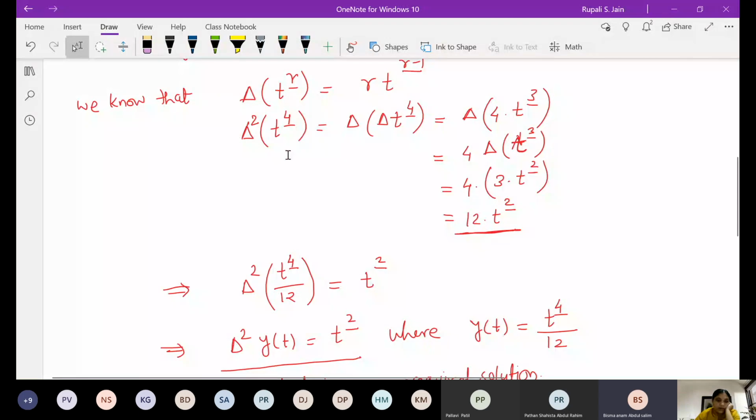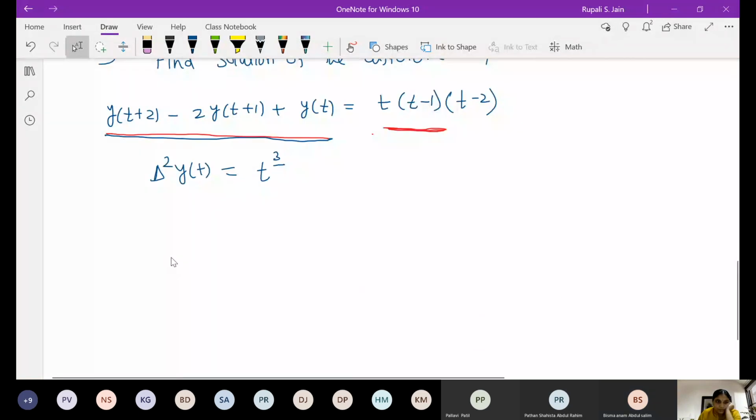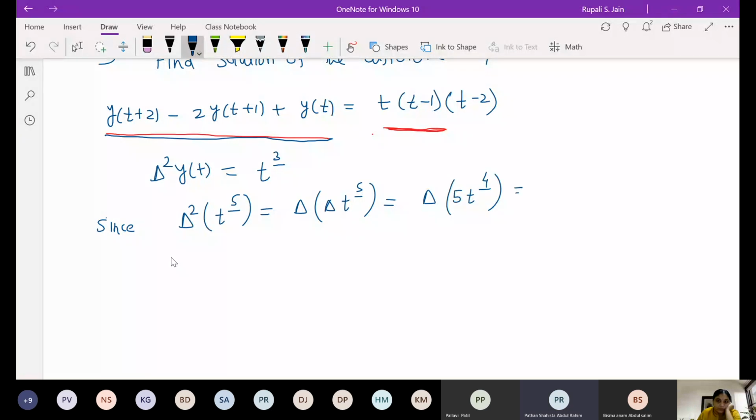Yes. So if I start with delta square of t to the 5 falling, now what is delta of delta t to the 5 falling? It is 5 times t to the 4 falling. 5 times delta t to the 4 falling, so it will be 20 times t to the 3 falling.